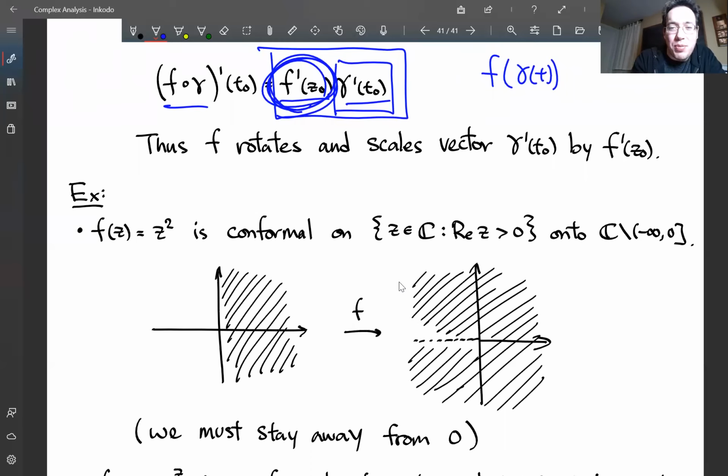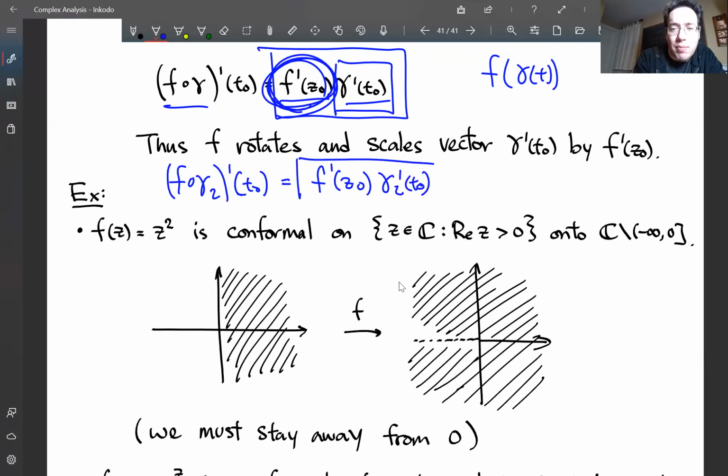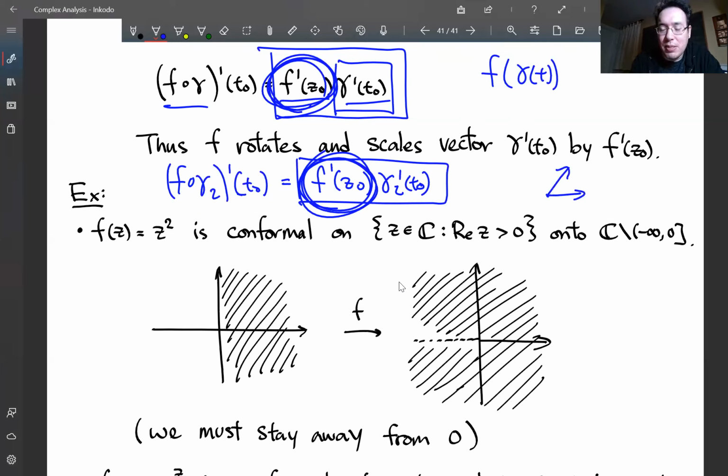And if you have two curves, right? So we have f of gamma 2, take the derivative. The second curve is going to be stretched and rotated by the same factor. So if you have two vectors and you stretch everything by 2, the angle doesn't change.